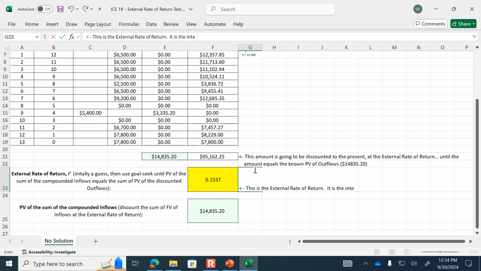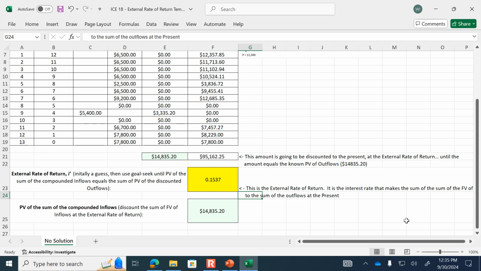It is the interest rate that makes the sum of the future value of inflows equal to the sum of the outflows at the present.